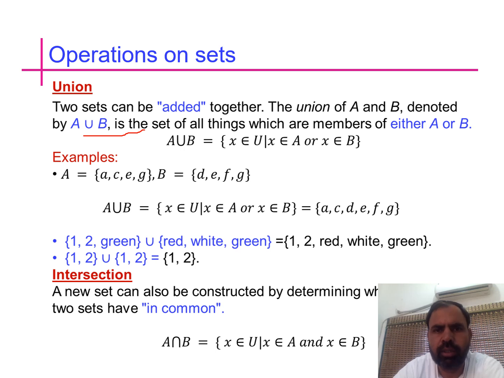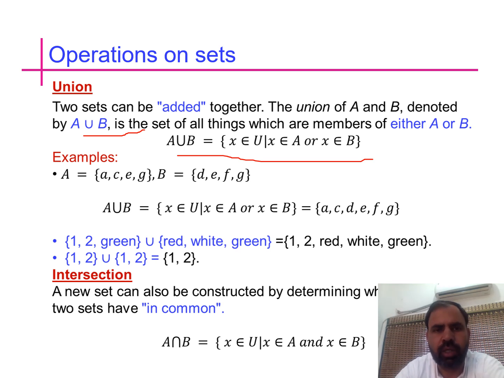You can add from both of the sets, either from A or from B. So A union B is the set of elements x belonging to U such that x belongs to A or x belongs to B. X belongs to any of the sets A and B.